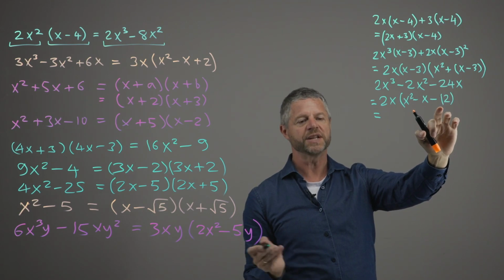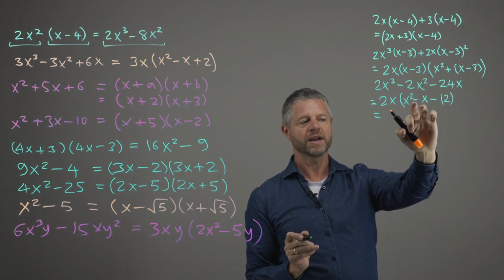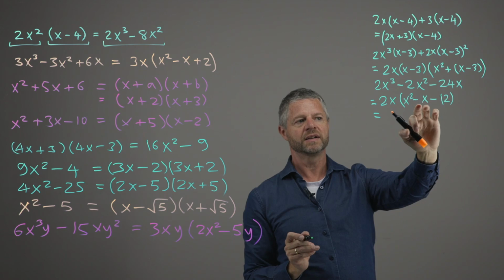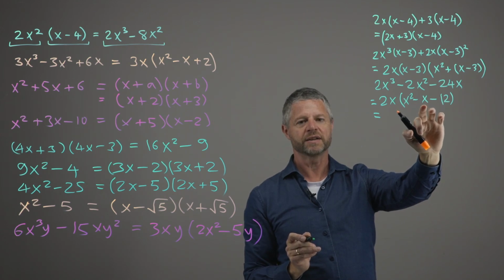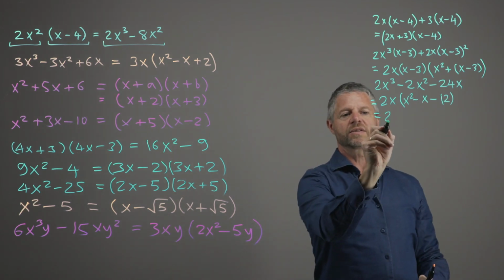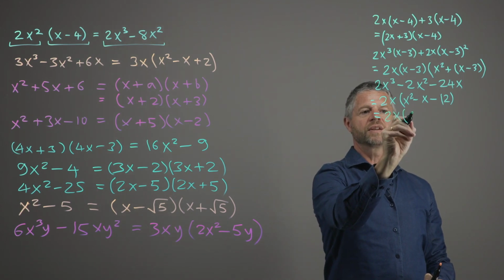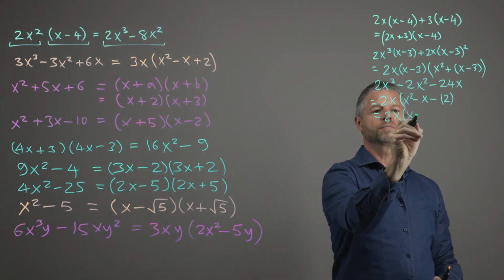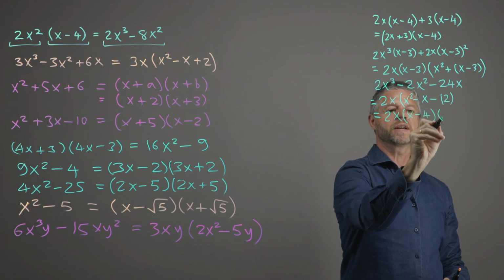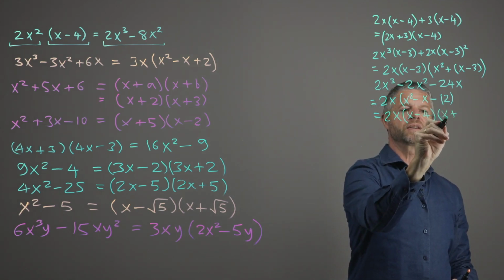So plus 3 minus 4 would do that. And when I add them, I need to get minus 1. So 2x, x minus 4, x plus 3.